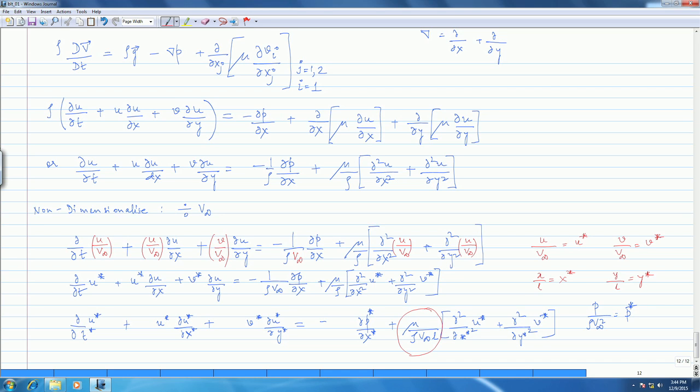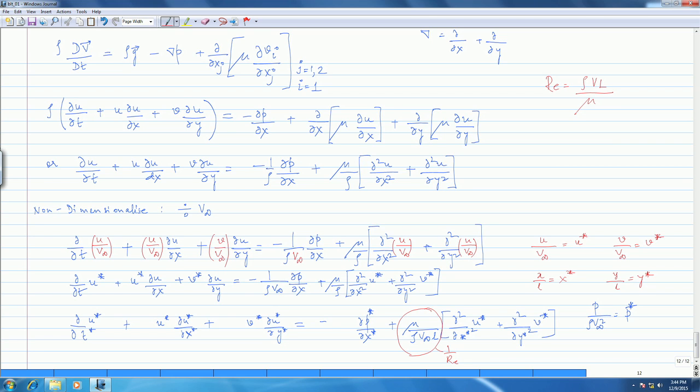Now, if you remember, what is Reynolds number? Rho v L by mu. So, what is this? This is nothing but 1 by Re, right.